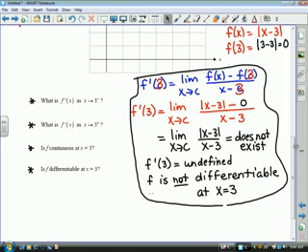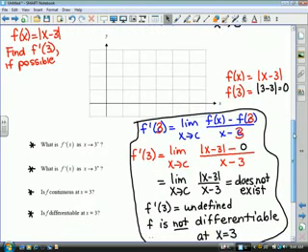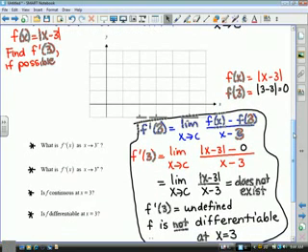So let's just plot some points here if you don't know what absolute value of x minus 3 looks like. I would hope you would know because it's translated how? 3 units to the right. All right, so if you don't know, let's plot some points.